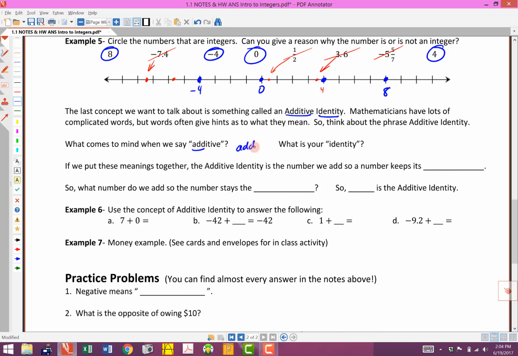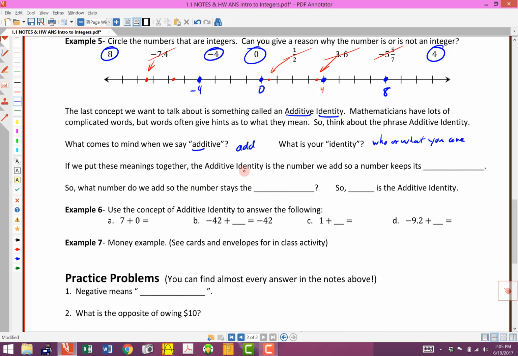And then if you think about what your identity is, everybody has an identity, it's who they are. The identity is who or what you are. That's your identity.